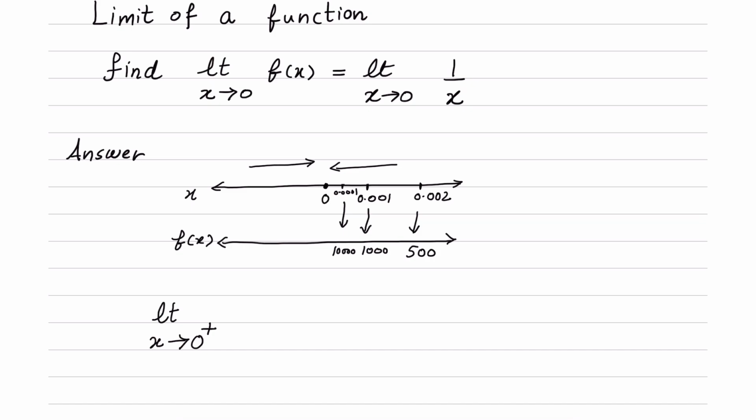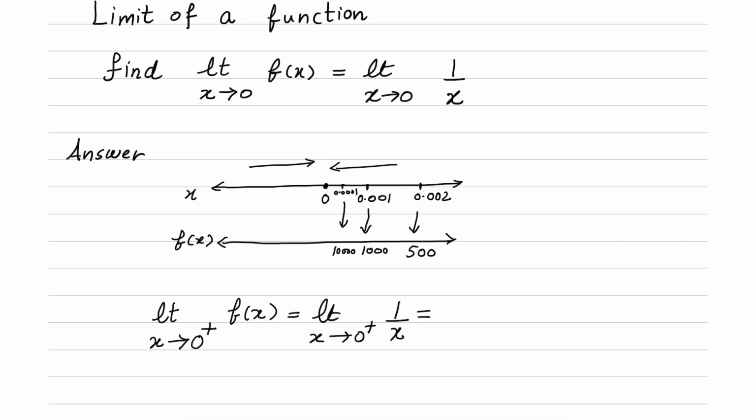So we can say that when x is approaching 0 on the right hand side of 0, which we denote by putting a plus on 0, the function f of x, in our case 1 over x, is getting huge. Let's say if you pick a very tiny value, let's say 0.0001, you will get a very big f of x value.